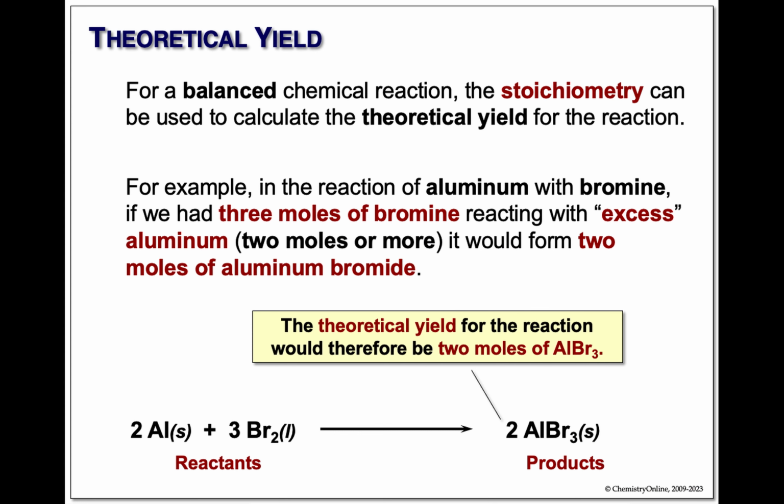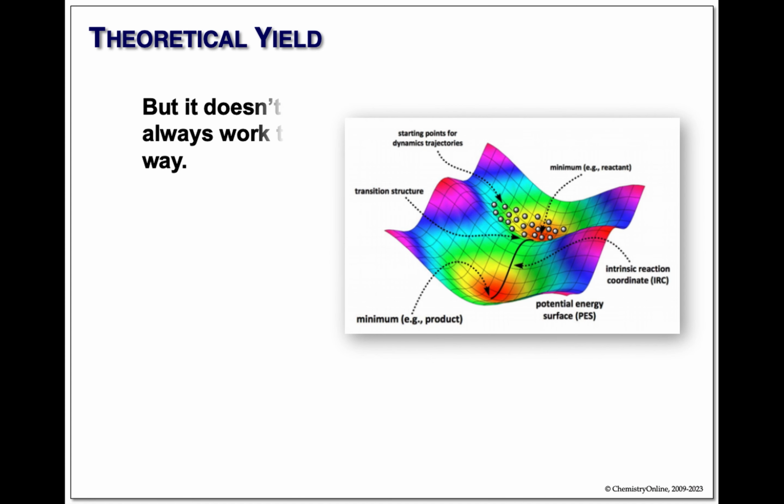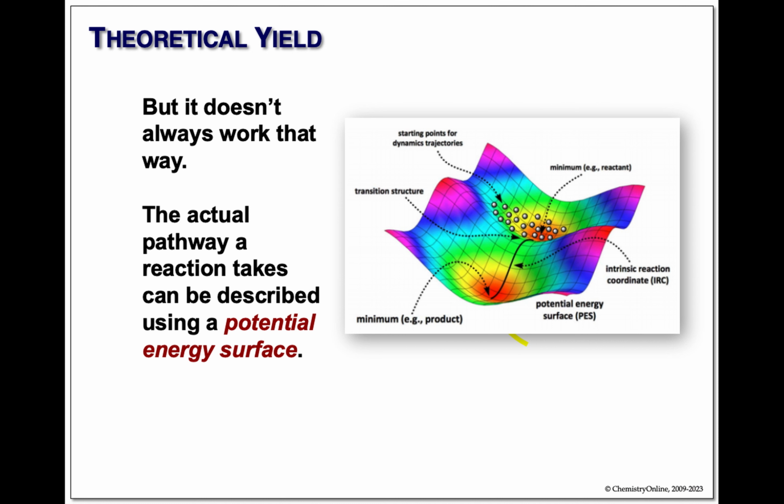Sadly, though, it doesn't always work that way. When you're talking about a chemical reaction, the physical description of it uses what's known as a potential energy surface. The higher you go up on the surface, the more energy you're using. Ideally, we're starting here with reactants at slightly different energy levels. They will react, go over the lowest possible pass, lowest energy pathway, and give us product.